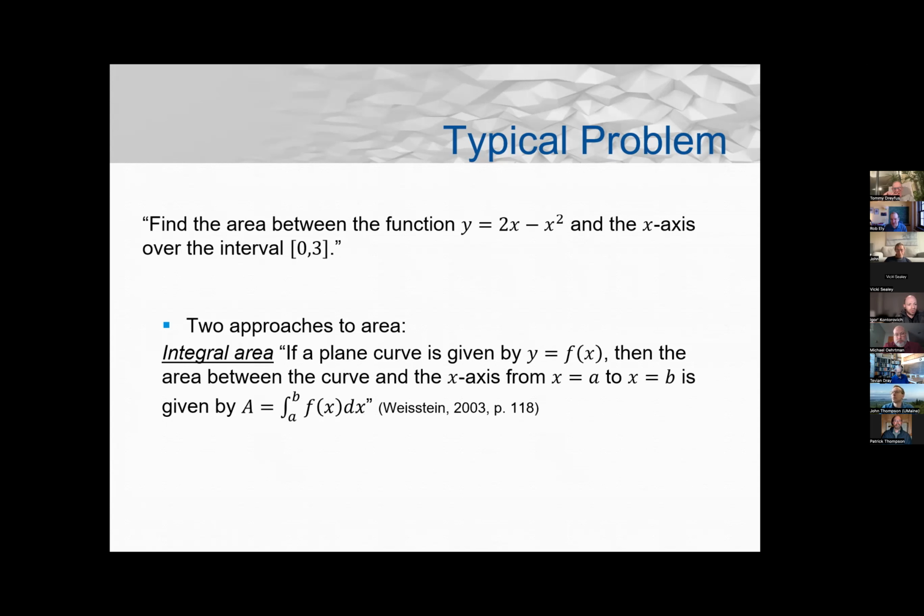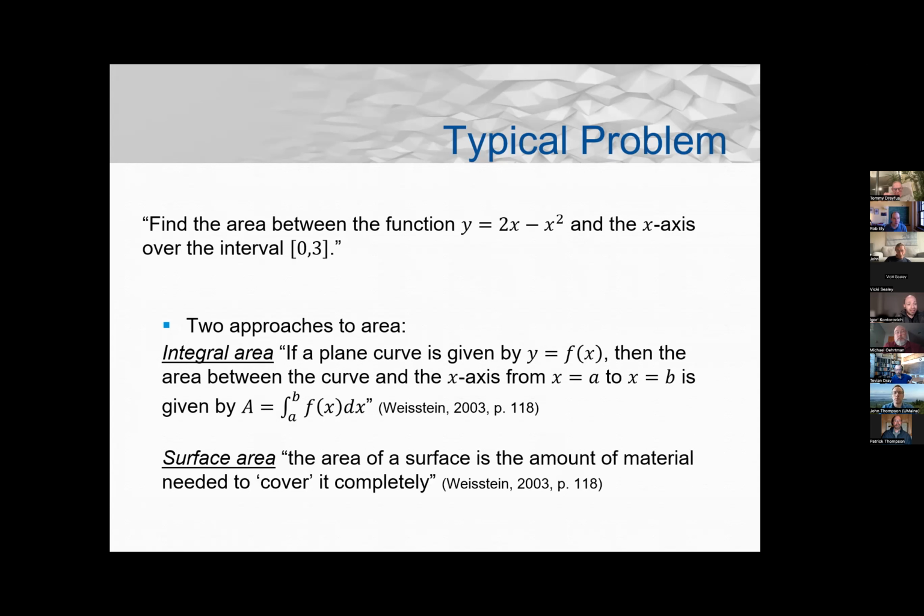If we look at the Mathematics Encyclopedia by Weisstein, he talks about integral area and defines it practically as something that people call net signed area or signed area, which is an integral area.